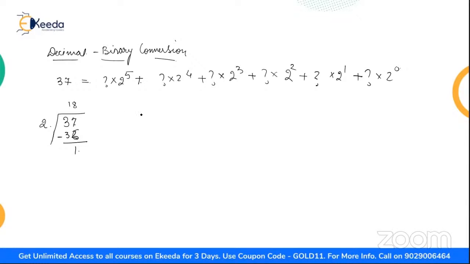So 37 divided by 2 is 18 with remainder 1. Then the quotient is 18.